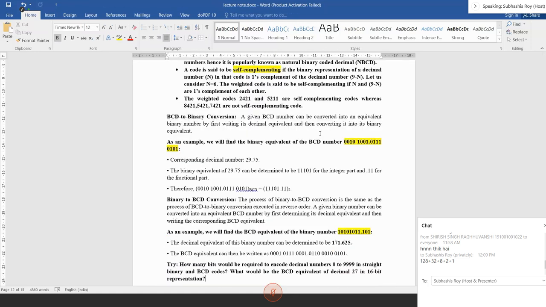You understand from this example that you cannot directly convert this combination to the binary number, because in the back of your mind you think this is 2, this is 9, this is 7, this is 5. So this is 29.75, and then only you can get the binary. This is how things happen here.